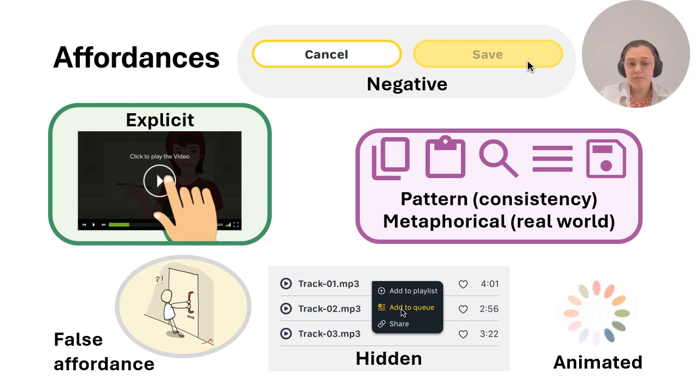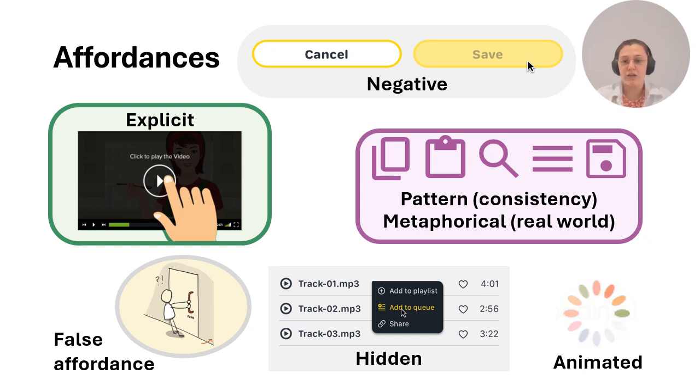Something that's really powerful, especially when we think about more expert users, is hidden affordances. So being able to right click on a computer, or press and hold on a phone, you might see additional menus that aren't necessarily obvious, but as you do that, you see, oh, there are additional options here.